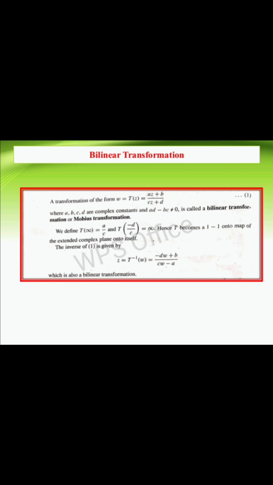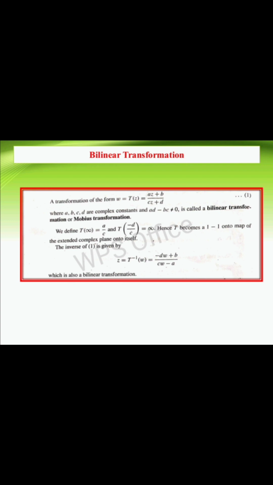Normally the z plane, that is the complex plane, the xy plane, does not include the infinity value. But in this transformation w equal to T of z, that is (az plus b) by (cz plus d), take a outside in the numerator, so a into (z plus b by a), and in the denominator c into (z plus d by c).